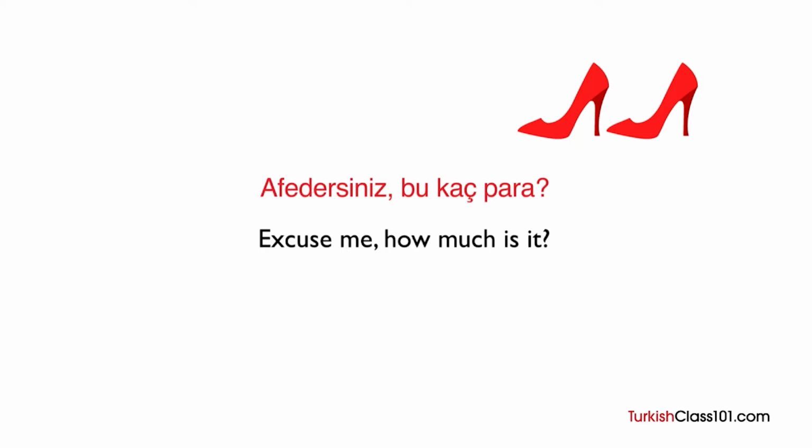If you want to be more specific when asking how much is this, you can either point out the object or show it. If you're holding the item, you probably should use this: bu. Affedersiniz. Bu kaç para? However, if you're pointing out the item, that would be more suitable.